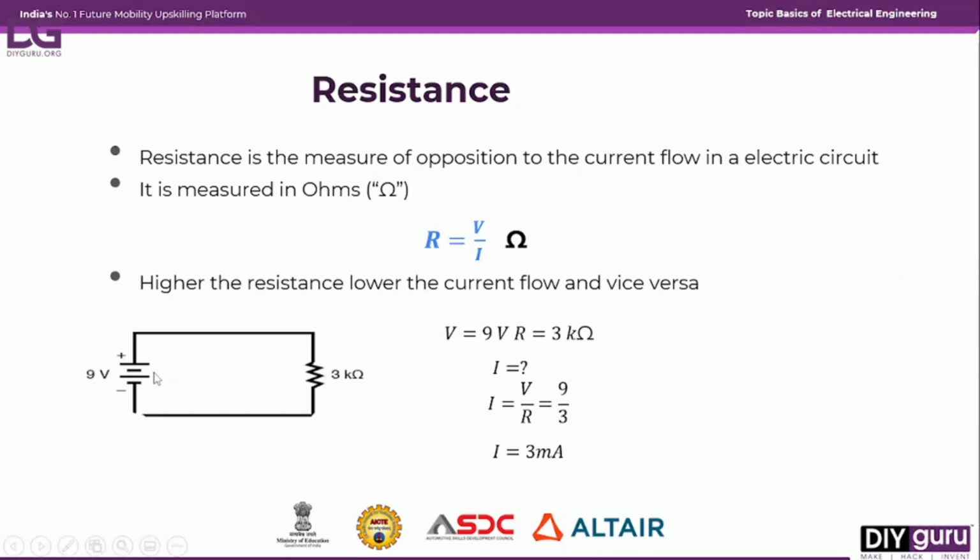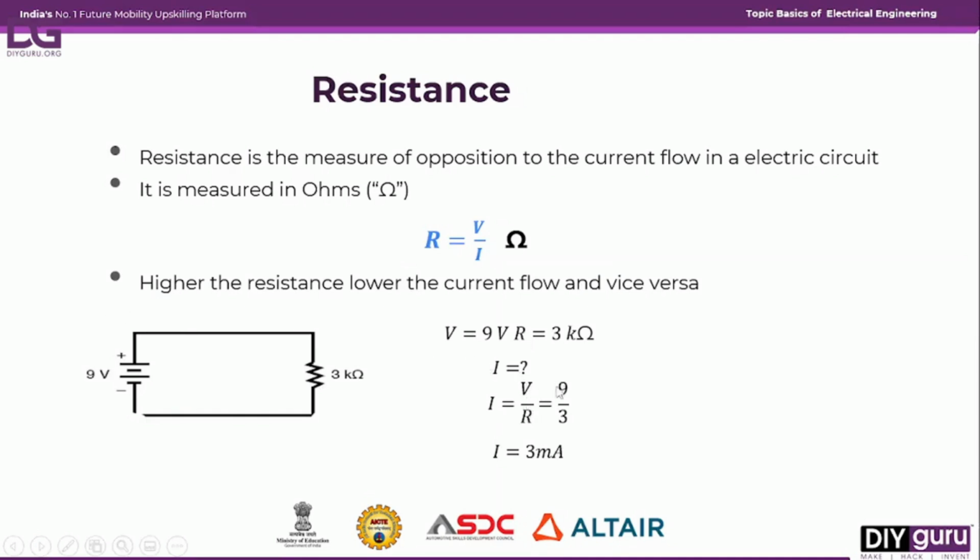Now here is the example we have taken. The circuit has the voltage and the resistance. So we need to find the current through this circuit. As we just saw, the current equation from Ohm's law is I = V/R. We know the V and we also know the R. We just substitute these values in this formula and we get the current value.